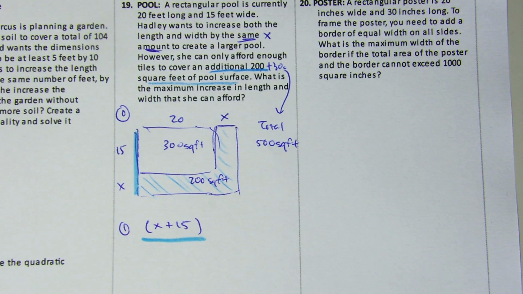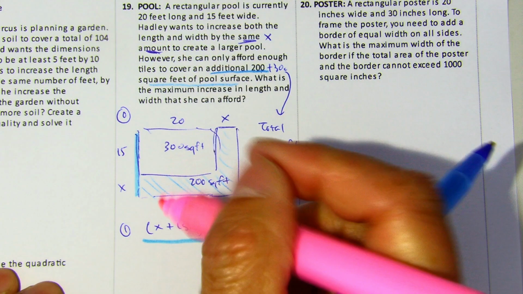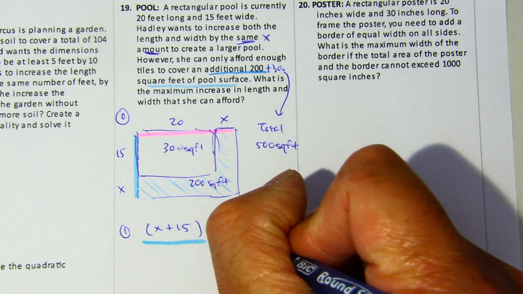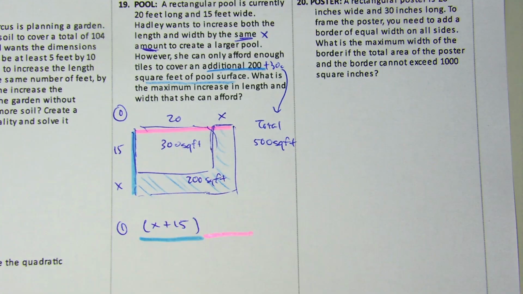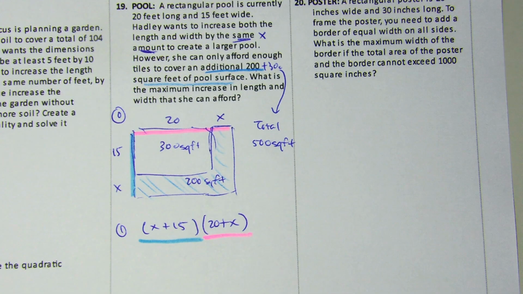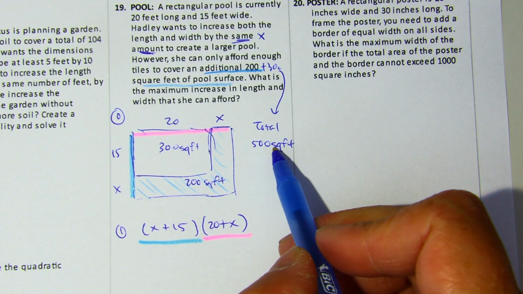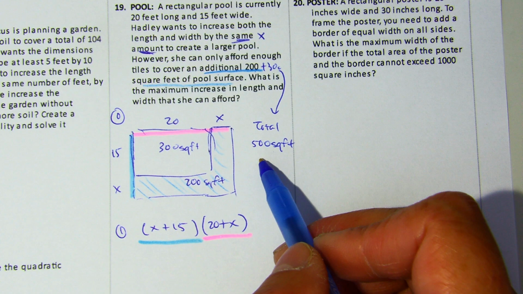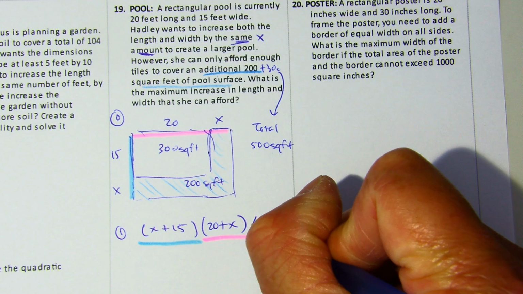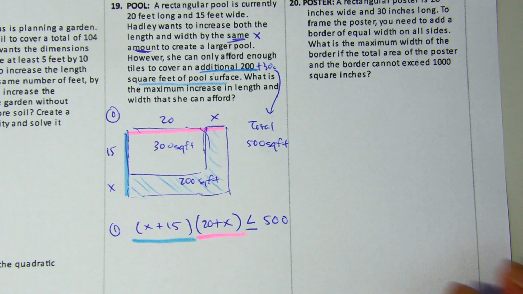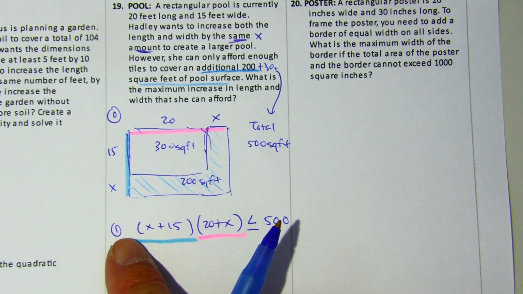And then my second one is this side, so that'll be 20 plus x. And then if you think about it, if the new pool is going to be 500 square feet, that means it cannot be bigger than 500. So I want less than or equal to 500. So that is step 1, determine the quadratic inequality.